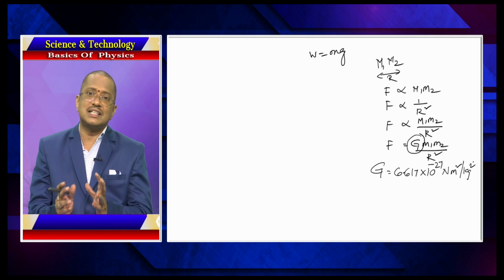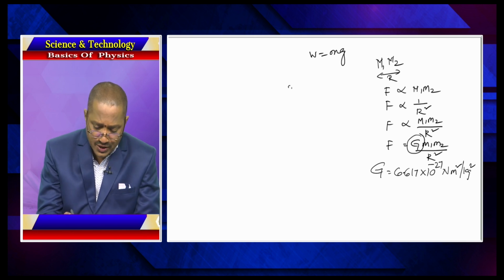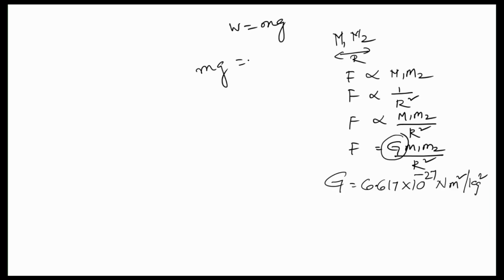Then what is the relation between these two? When you take a body's weight as mg, and here it is G m1 m2 by r square. Say capital M is the mass of the earth and small m is the mass of the object.